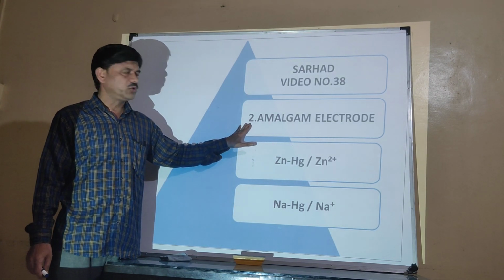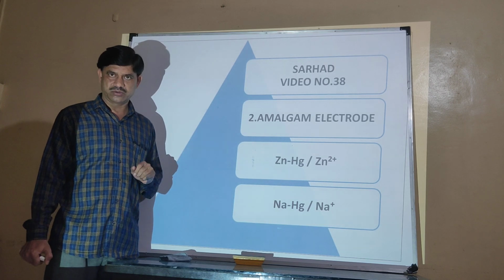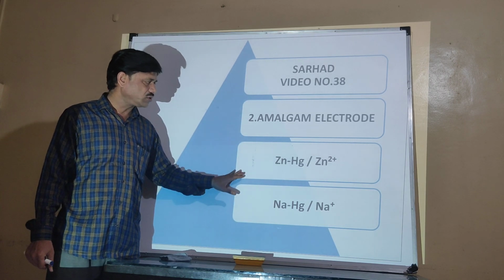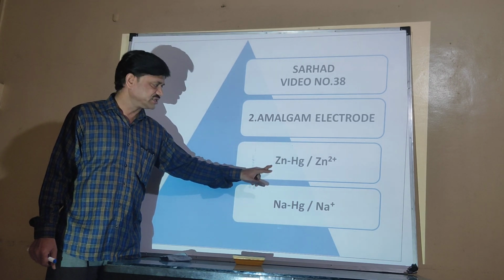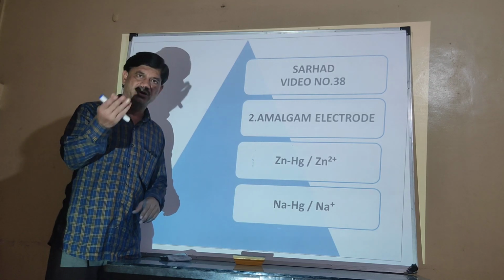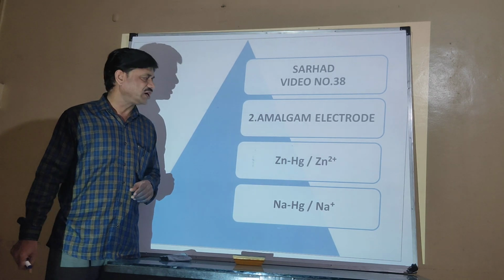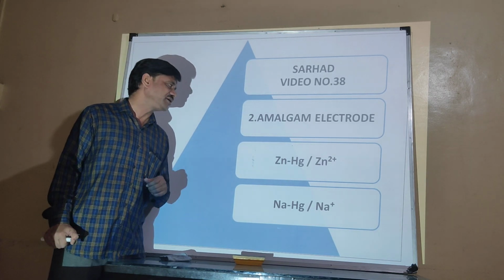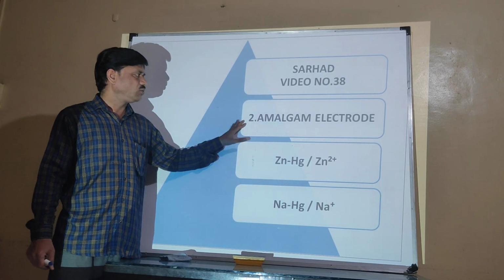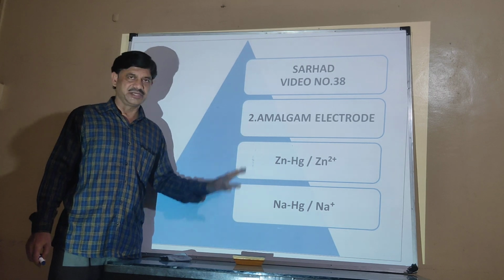The second type of electrode is known as the amalgam electrode. Suppose we check this example: zinc amalgam in contact with Zn+2, sodium amalgam in contact with Na+ ion, or sodium ion. These two indicate what type of electrode? Amalgam electrode.